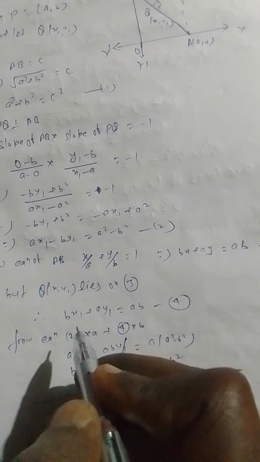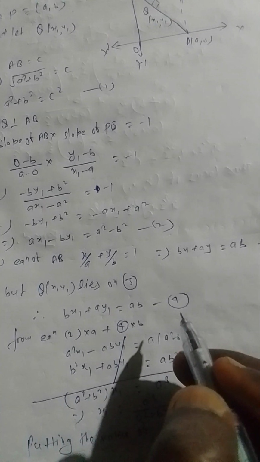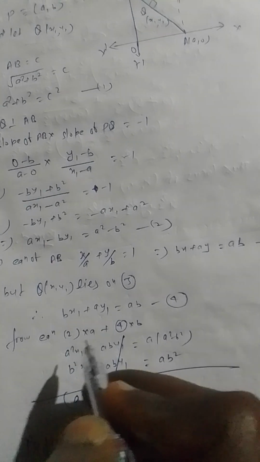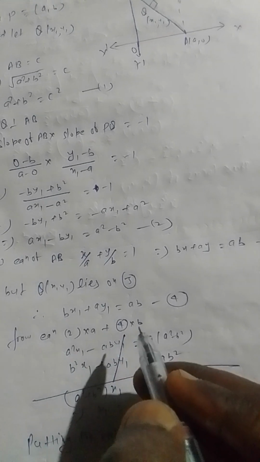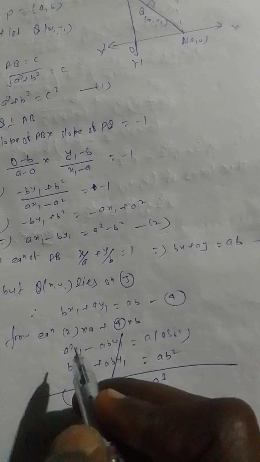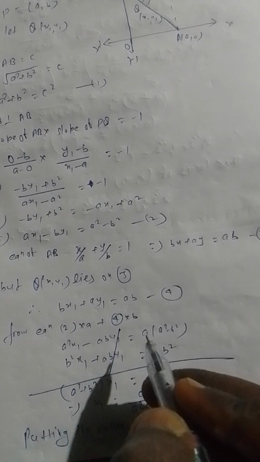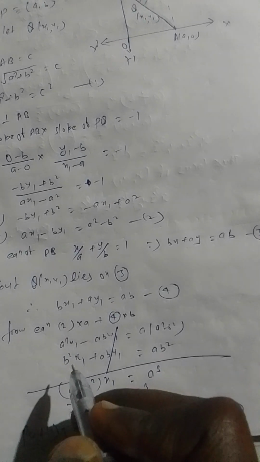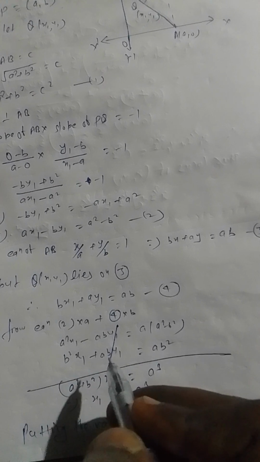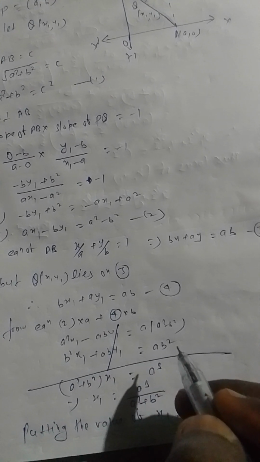Therefore b x1 plus a y1 is equal to ab, equation 4. Multiply equation 2 by a and equation 4 by b. a square x1 minus ab y1 is equal to a into (a square minus b square). b square x1 plus ab y1 is equal to ab square.